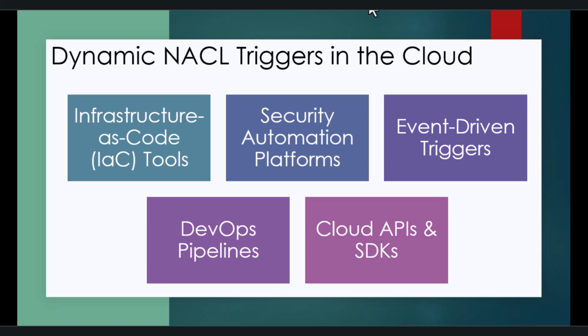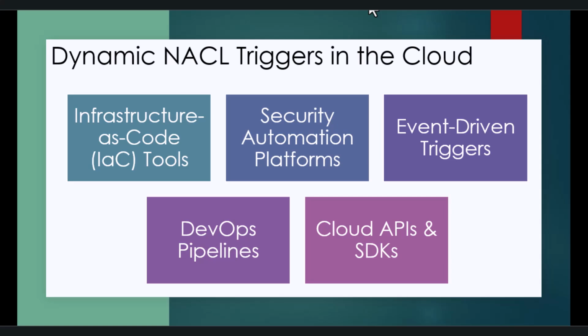Event-driven triggers. Serverless functions like AWS Lambda or Azure Functions respond to cloud events and then modify the ACLs. For example, when a suspicious login is detected, a Lambda function updates the ACL to block traffic from the source IP. You can also have dynamic NACLs in your DevOps pipeline.